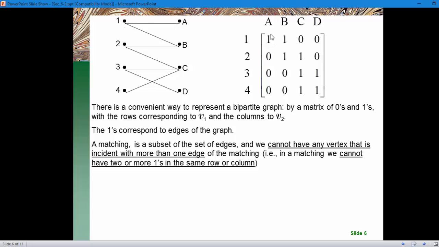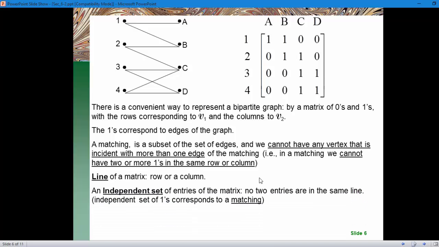Once I select an edge here, I cannot select any other edge within this row or within this column. Otherwise, it wouldn't be a matching. So we can also define what we call an independent set of entries of the matrix. An independent set is equivalent to a matching.